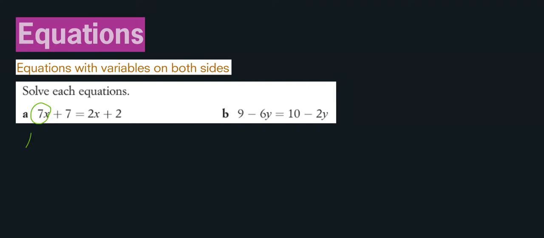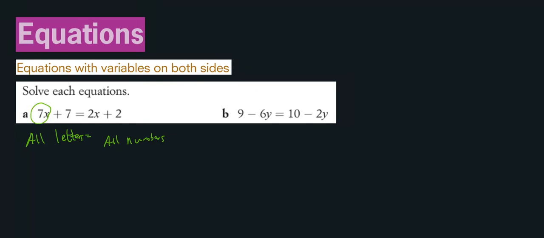So this tells us we need to get all letters on the left hand side and all numbers on the right hand side. Now we could reverse that. We get the same answer. But it's easier if we keep the coefficient of the pronumeral positive.